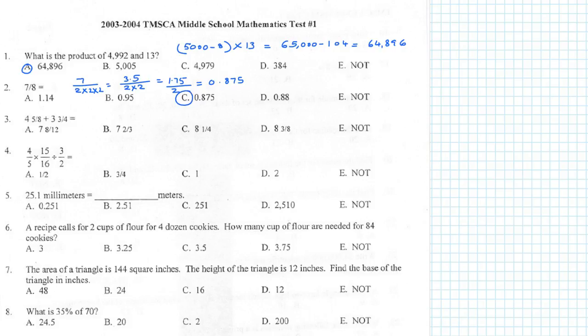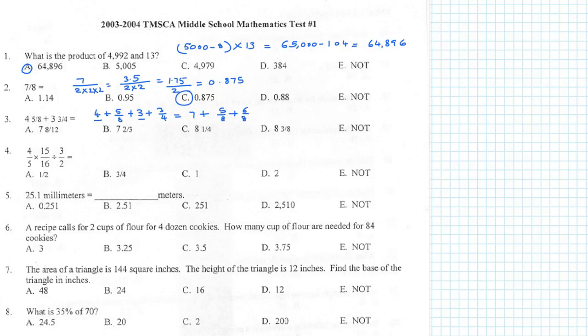Question number 3. What is the sum of 5 over 8 plus 3 over 4? So this is 4 plus 5 over 8 plus 3 plus 3 over 4. So 4 plus 3 is 7, and then 7 plus 5 over 8 plus 3 over 4 can be written as 6 over 8.